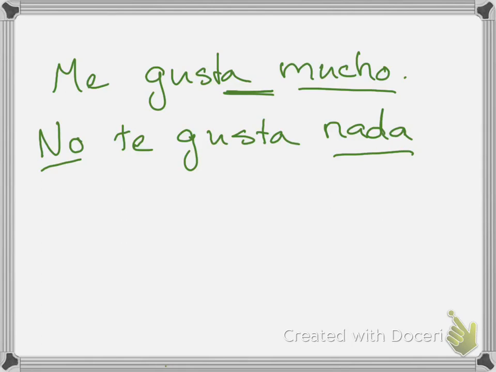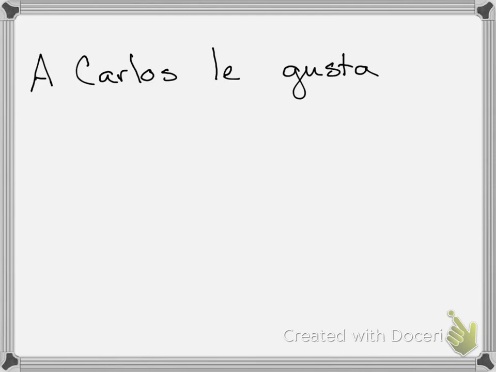Now, if I want to be specific about who is doing the liking, I'm going to put a in front of their name. So I would say, Carlos le gusta Perla. So this is saying Perla is pleasing to Carlos, okay? Or to Carlos, Perla is pleasing. Or as we would say in English, Carlos likes Perla, all right?